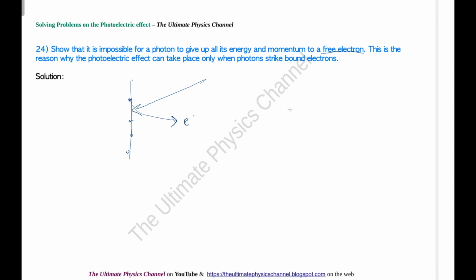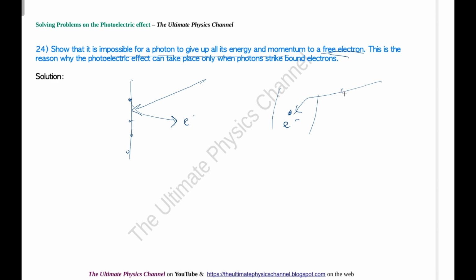But if the electron is free and a photon tries to interact with that electron, it is impossible for a photon to give up all its energy and momentum to a free electron that is not part of any metal surface, that is not bound to any atom. Such an electron is a free electron.